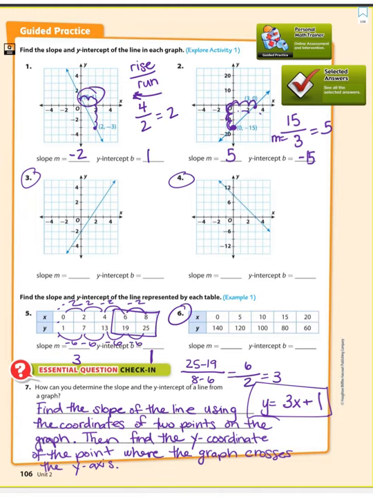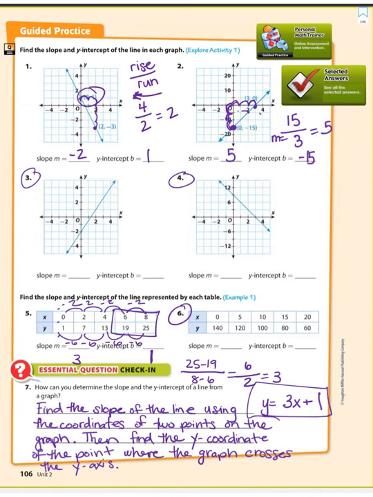So to determine the slope and the y-intercept from a graph, which we did in number 1 and 2, we find the slope of a line using the coordinates of 2 points on the graph, then find the y-coordinate of the point where the graph crosses the y-axis. That's your y-intercept.